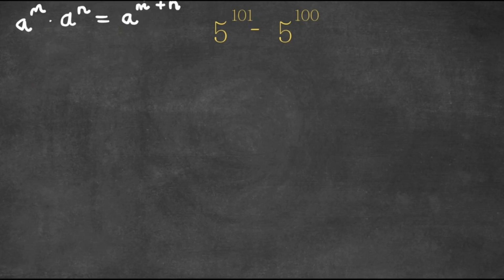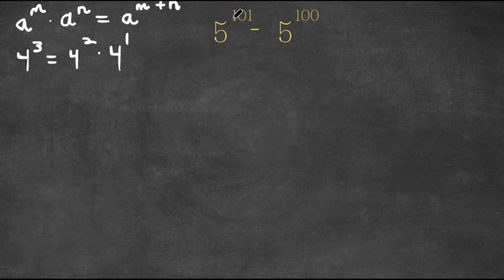If we have something in the form a to the power of m plus n, this can be written as a to the power of m times a to the power of n. So let's say we have 4 to the power of 3, right? And this can be written as 4 squared times 4 to the power of 1. Because when you multiply these two, the exponents add up, and 2 plus 1 adds up to 3.